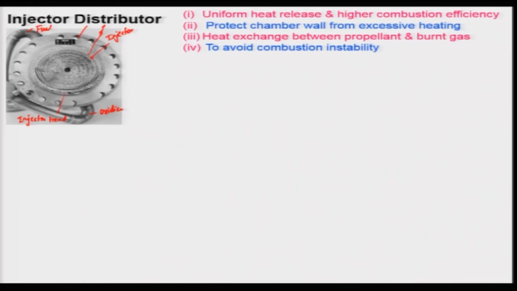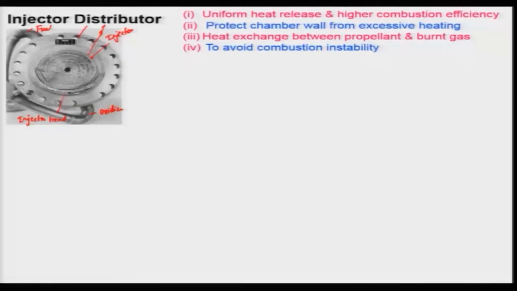by various designers, and however, we will look at only four of them just to show you their importance. And keep in mind that two things are generally used. One is that at the periphery of the injector head, or near the wall region of the combustion chamber, the fuel injectors are placed such that the fuel will pyrolyze when the heat comes, and it is not oxidizing in nature to erode the combustion wall.